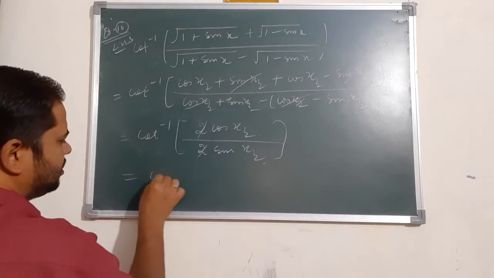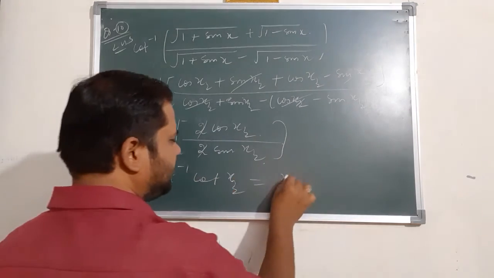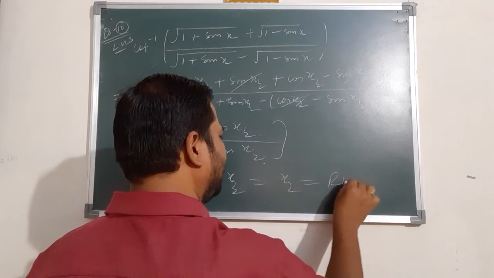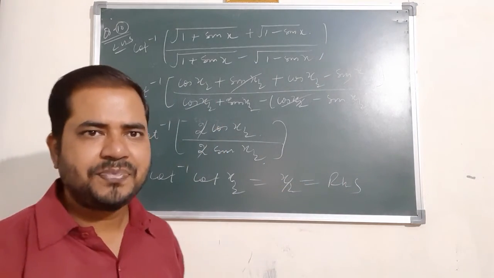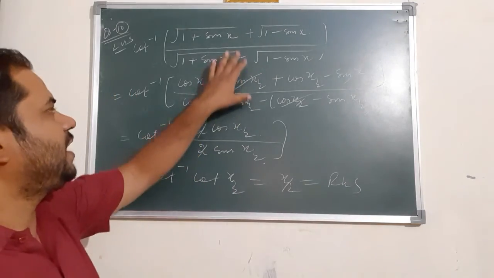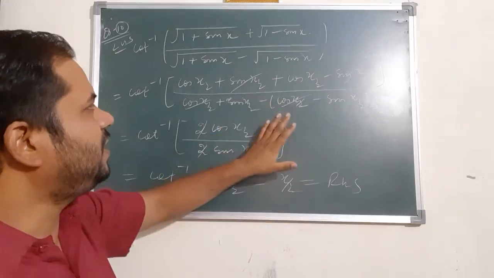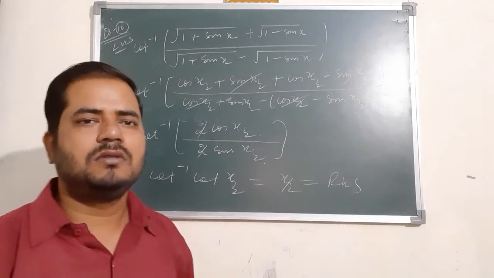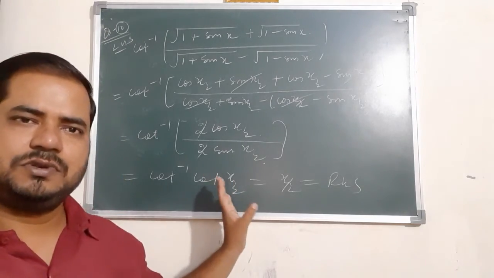The 2 cancels out. This is cot inverse cot x by 2, and this is simply x by 2, which is the RHS. This is the simple method. If you want, instead of this, you can rationalize it. This may be tough, but rationalize it and you also get the answer, okay? So please note it down. This is the simple way to do this question.